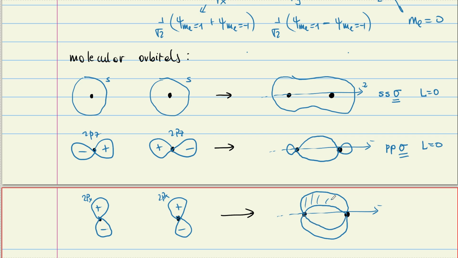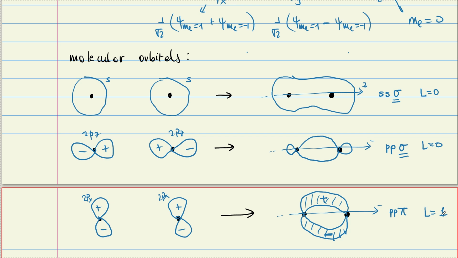So here's the electron cloud, and now we are going to call this a pi bond, right? This is plus and this is minus. As you rotate, the sign is changing. We are going to call this pp pi bond, because now angular momentum is 1, molecular angular momentum.